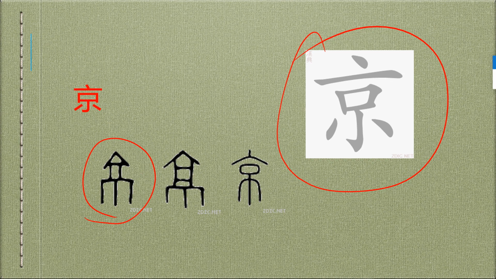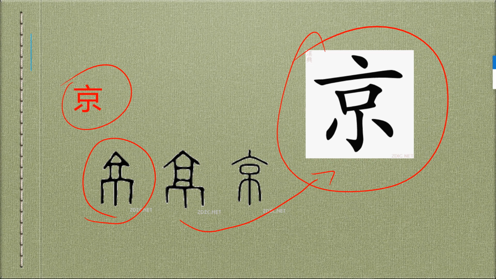It is actually a castle or a big building. Then the character gradually evolved into its current state. And this is another font of Jing. So, as I said, it's pictographic. It depicts something. Now you can see the order of strokes.